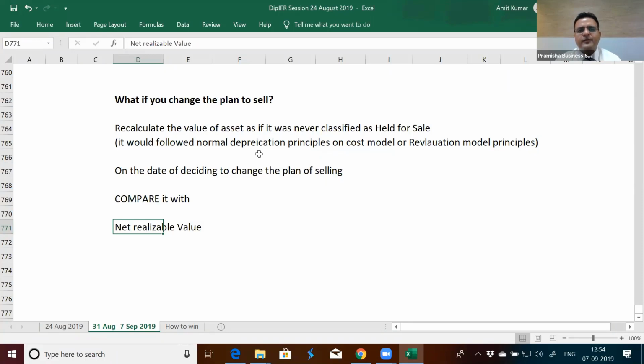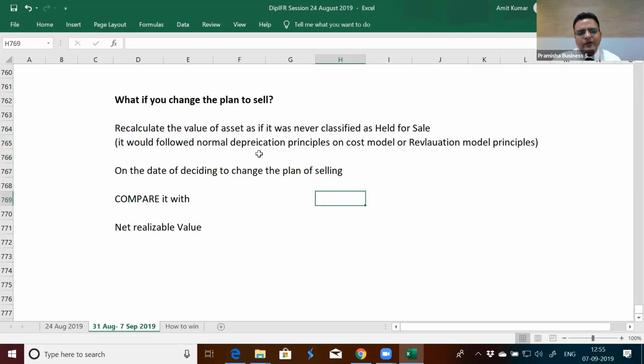Now, if we wish to bring it back, it becomes mandatory now to indirectly test it for impairment. And how do we test it for impairment? What would have been its value on the date of classification, and what would have been the net realizable value? We compare, and whatever is lower, we bring it back to the situation. We'll bring it back to normal after impairing. If net realizable value was higher, then the asset can be shifted back normally on normal grounds.